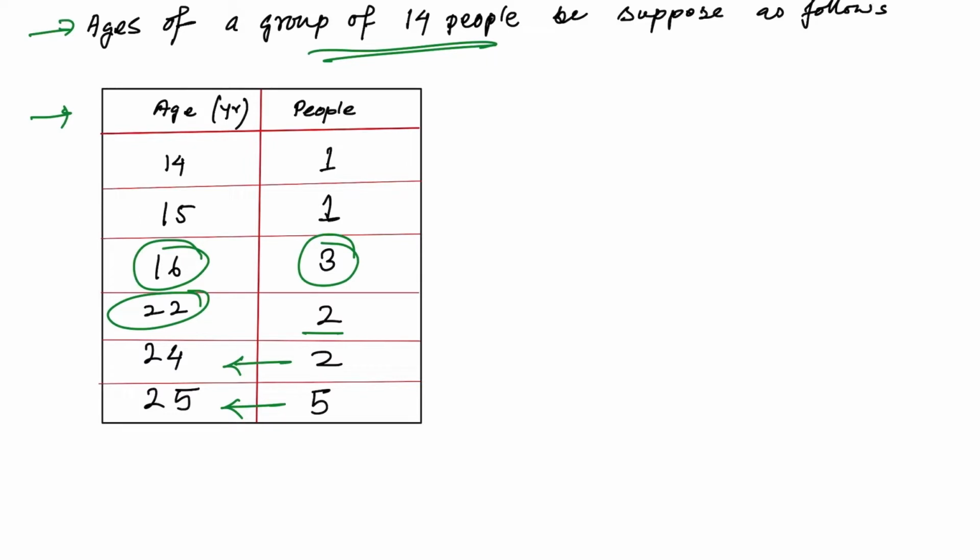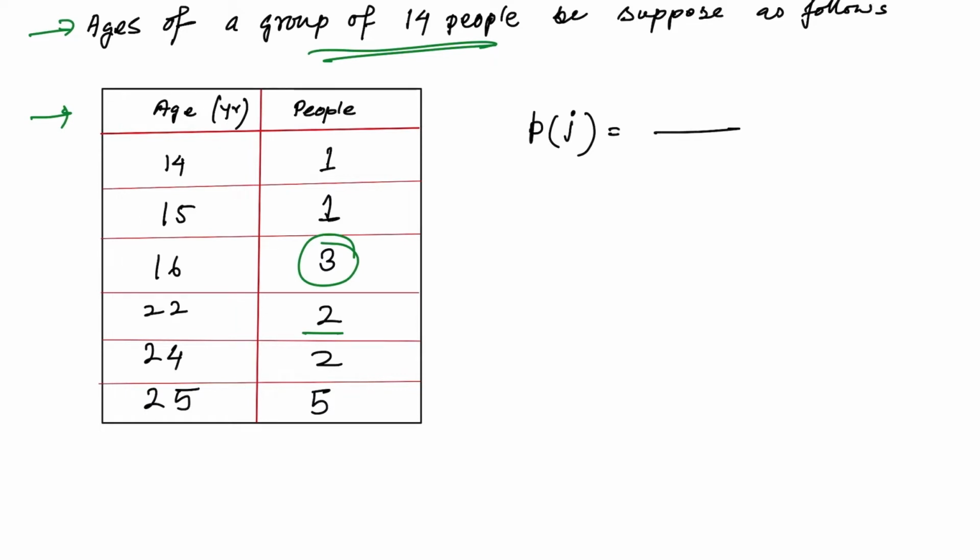So now you see, from the table we can find the probability of getting a particular age, suppose j. So how to get its probability?